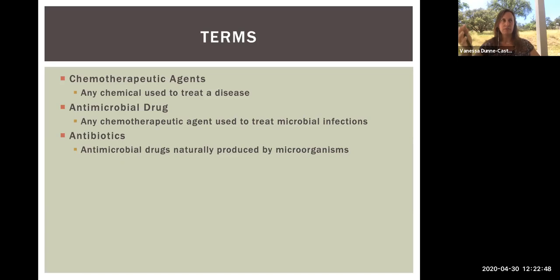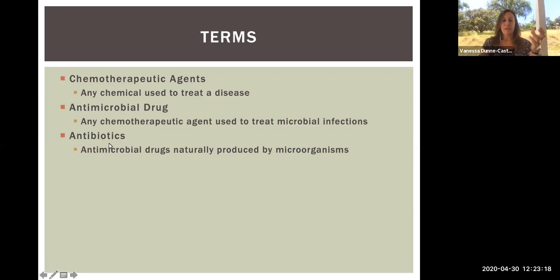If you go to your physician, they'll still talk about antibiotics, but in the scientific realm, when we're talking about these medications, these chemotherapeutic agents that are used to target bacteria, viruses, fungi, really we are shifting more towards the use of this term antimicrobials or antimicrobial drug instead of antibiotic, because it's a more applicable and didactically correct term to use. That's a weird phrase, but.